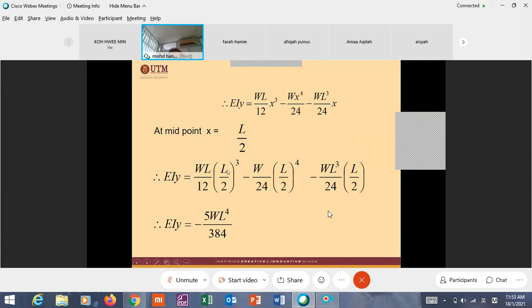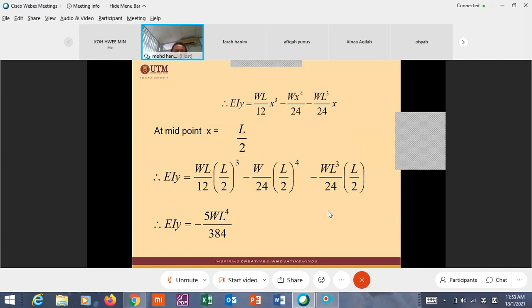So at x equal to L over 2, substitute x with L over 2, then EIY equal to 5WL to the power of 4 divided by 384, which becomes another formula, a deflection value that you have to, I can say, memorize.